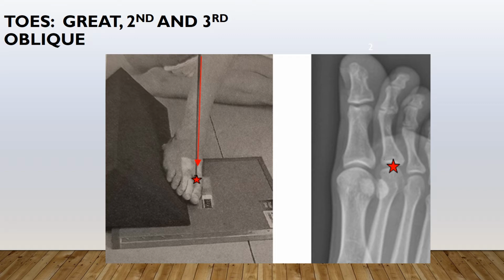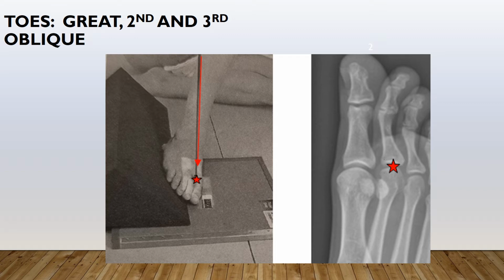Their knees are going to be flexed with their feet separated. I'm then going to center the toes to the image receptor, and then I'm going to rotate the leg medially until the foot's plantar surface forms an angle of 30 degrees to the image receptor. The central ray is going to be perpendicular to the affected metatarsal phalangeal joint.